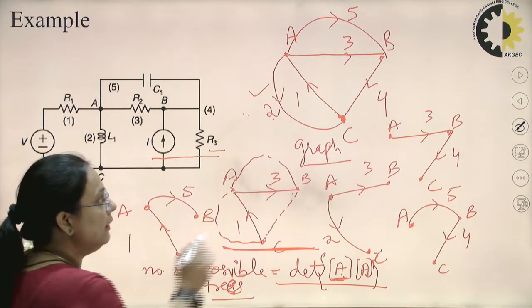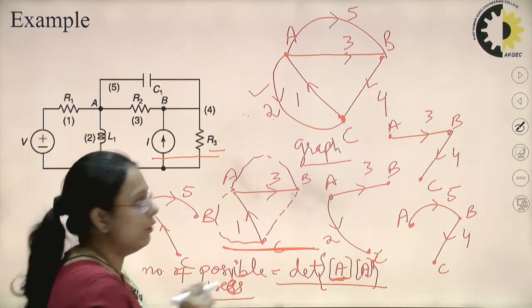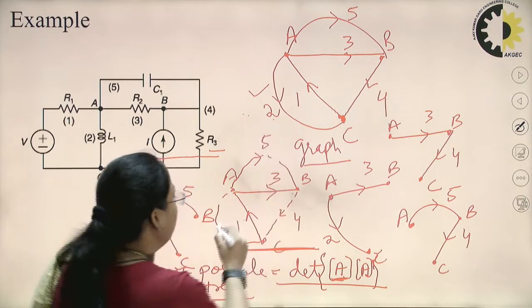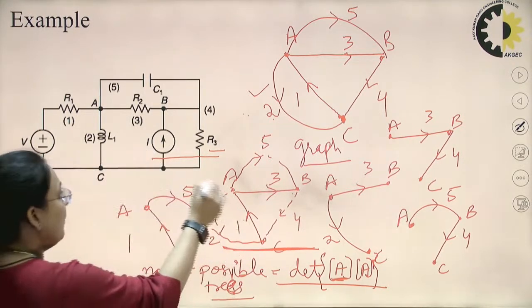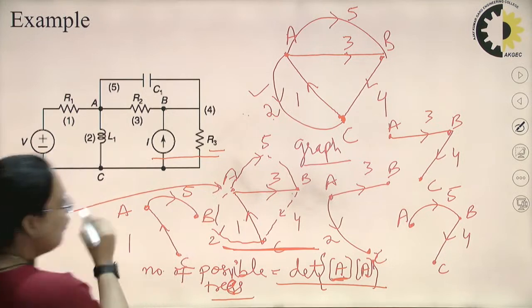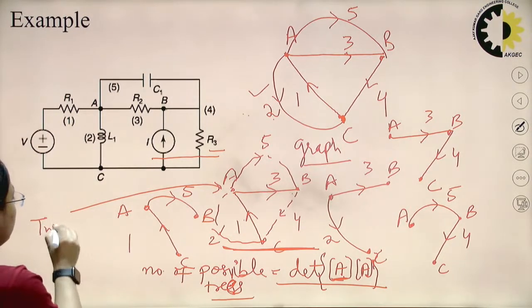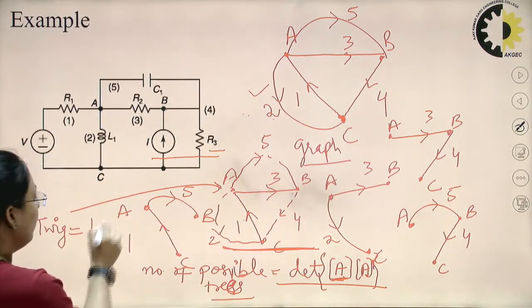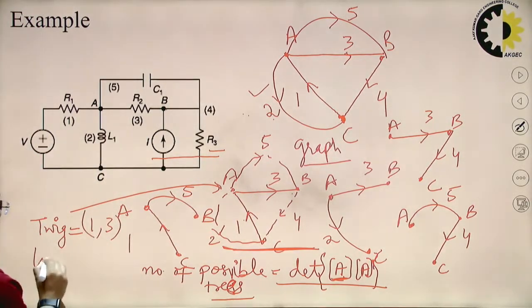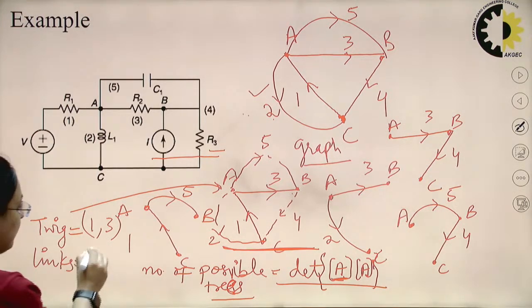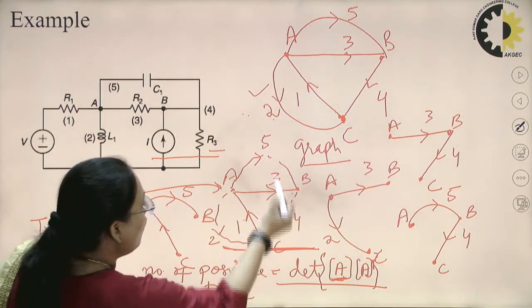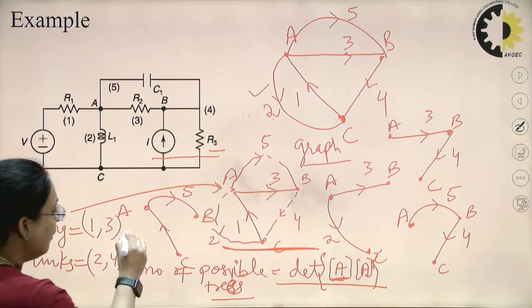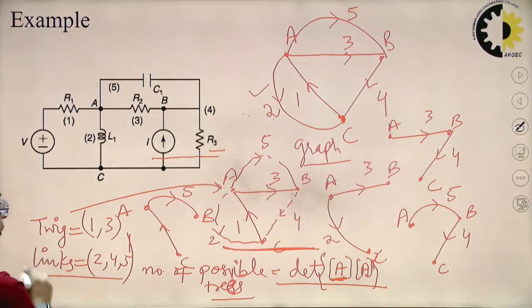And these are called the link or chord. So for this particular tree, twigs are branch number 1 and 3, okay, and links are branch number 2, 4 and 5.